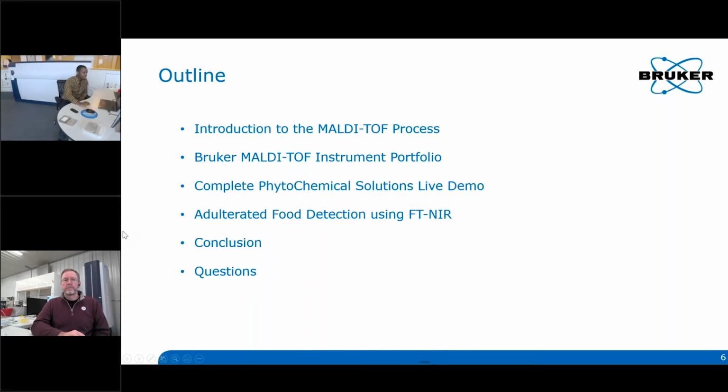He's also a member on several expert review panels, including AOAC, the American Botanical Council, and also the United States Pharmacopoeia. So without further ado, Chris, the floor is yours.